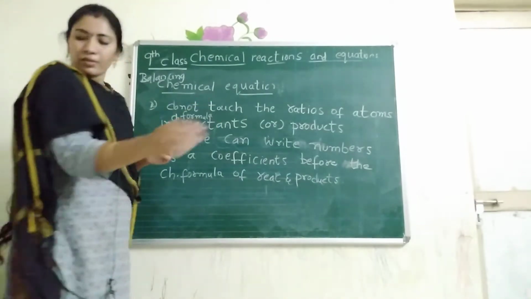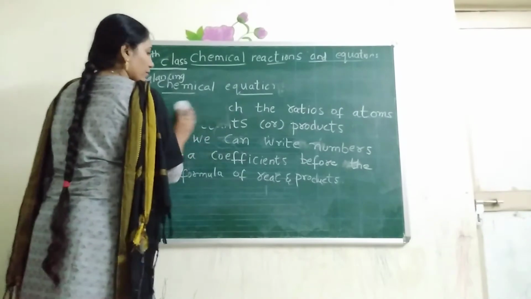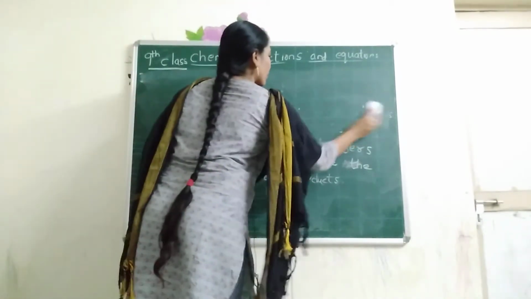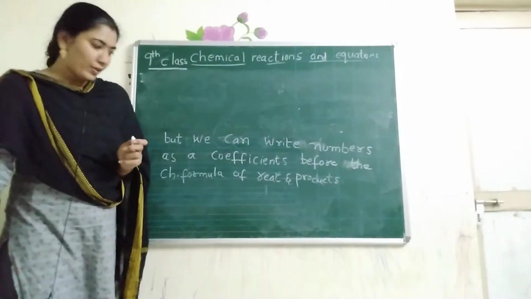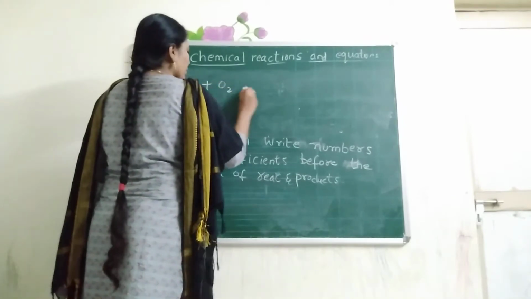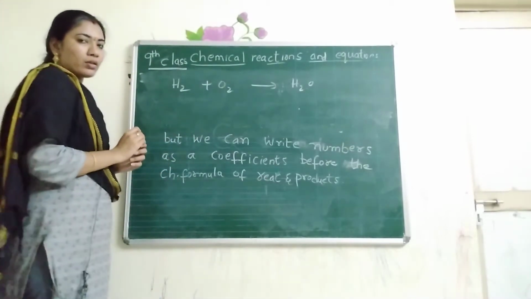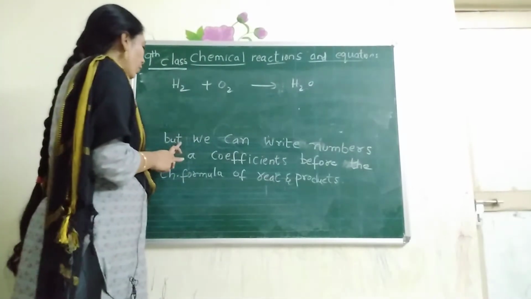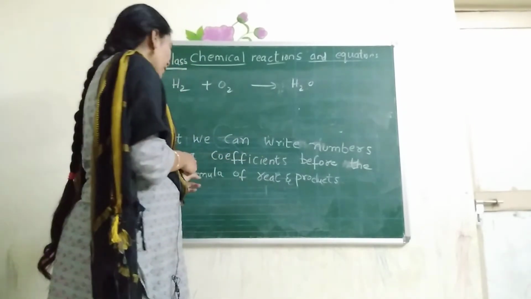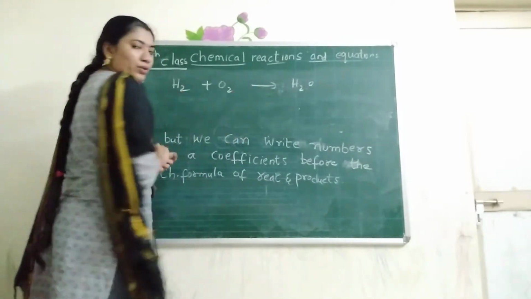That means, for example, H2 plus O2 gives H2O. Now, we can write the numbers as coefficients before the chemical formula of reactants and products. Here 2 hydrogens are there, 2 hydrogens are there.